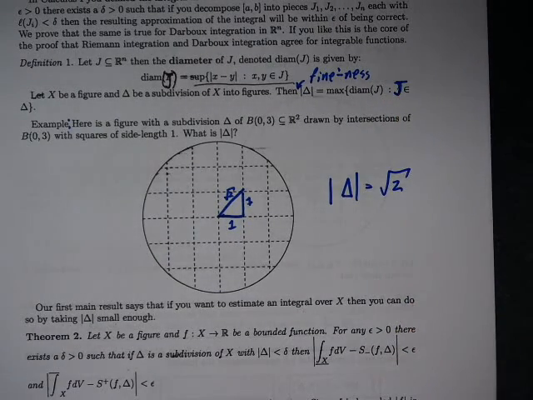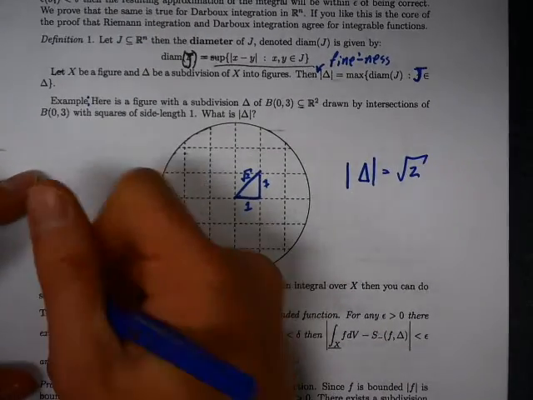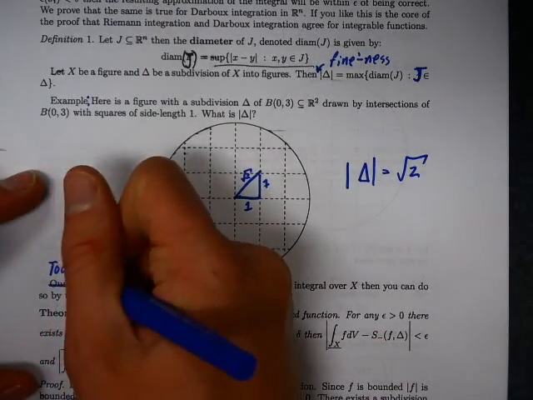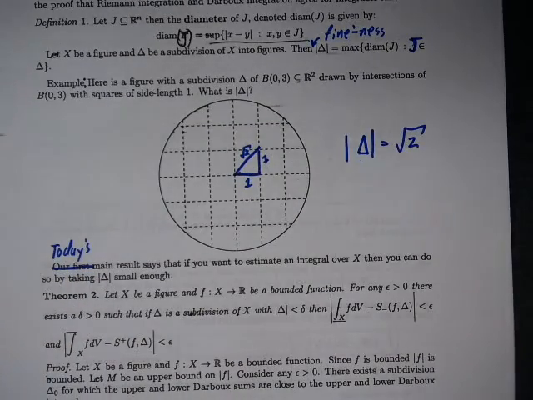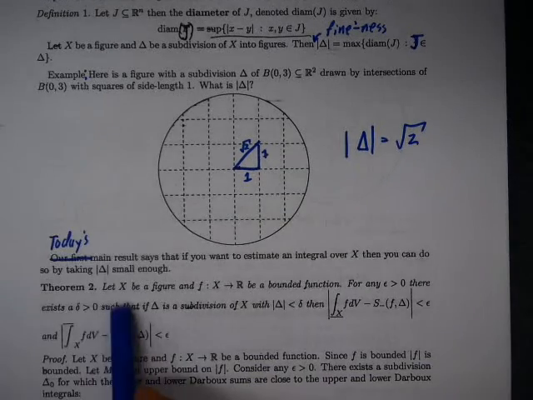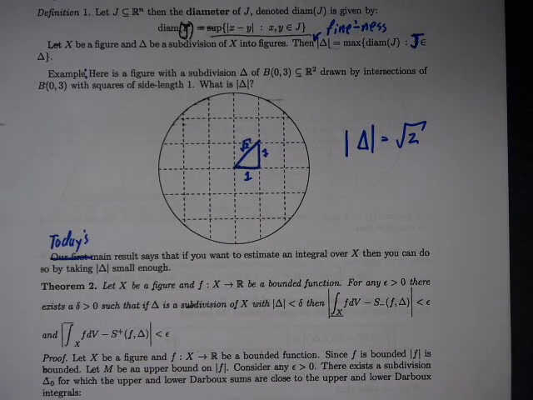Cool. So here is the main result of today. It just says that if you want to integrate a function over a figure, you can approximate the integral as well as you want just by making the subdivisions fine. Let x be a figure, let f from x to R be a bounded function.